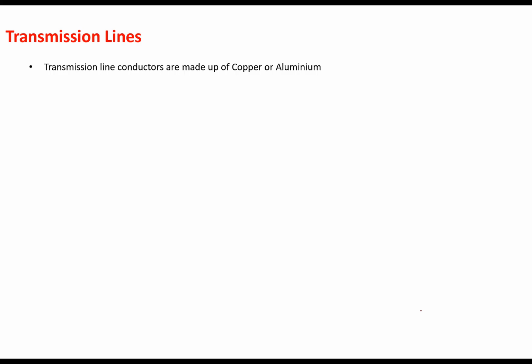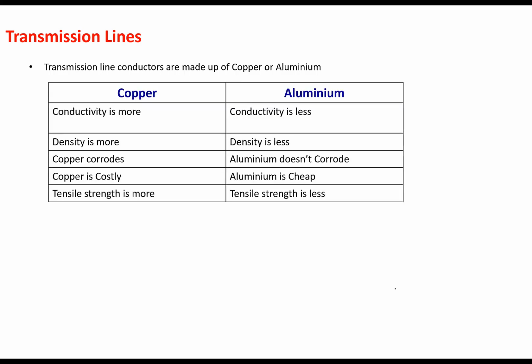Now let us compare these two. Copper has more conductivity than aluminum. What do you mean by conductivity? The opposition to the flow of electrons inside copper is less when compared to the opposition offered by aluminum.